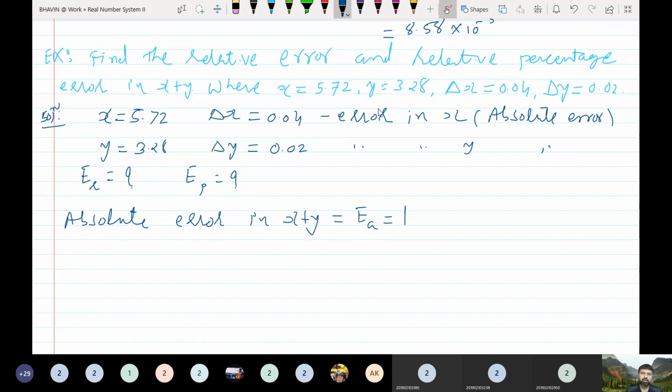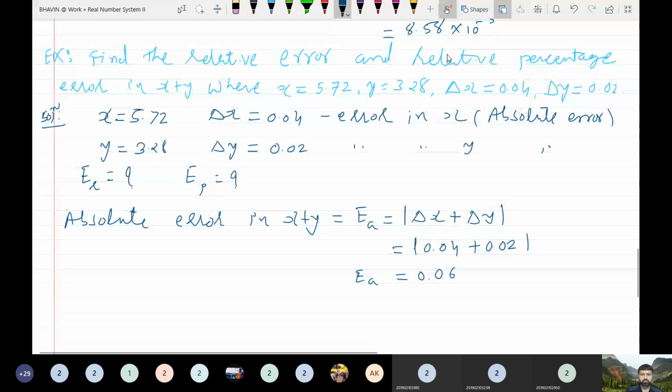But here I have already given delta x and delta y. So delta x plus delta y. So what is delta x? 0.04 plus 0.02. So the final answer is 0.06. So this is your EA.